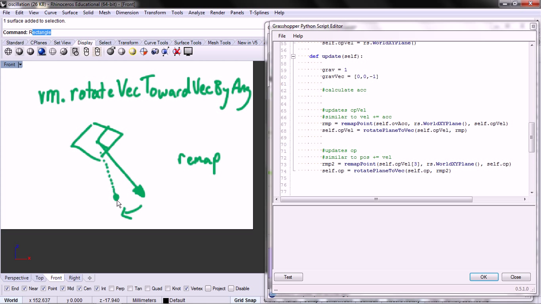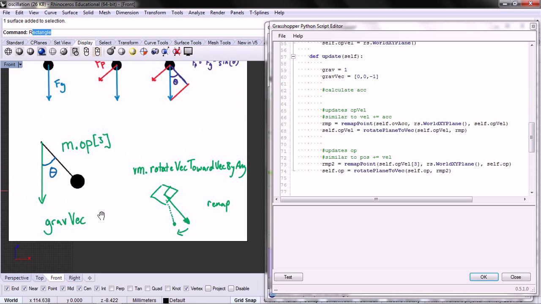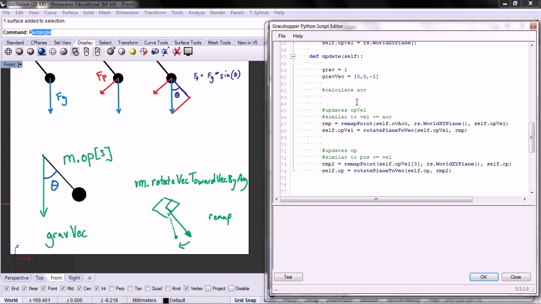That's going to rotate a little bit, and that's going to give us our acceleration orientation vector. And we're going to remap that to the world because we want those orientation vectors in terms of the world. So let's go ahead and write this out.